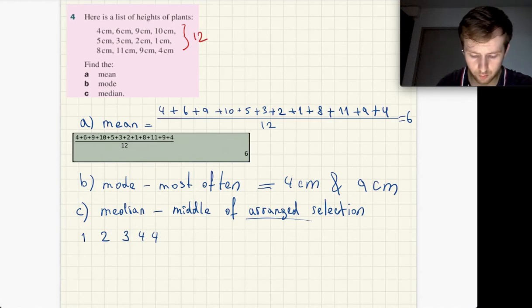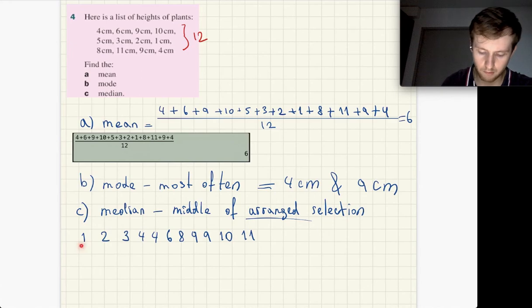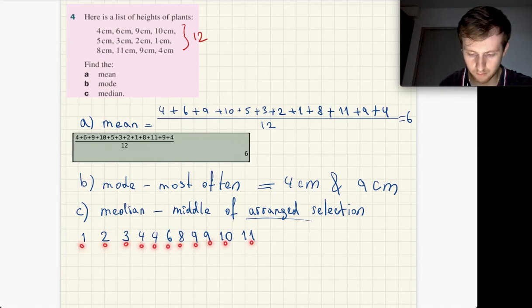There's 6, there's no 5. No 7, there's 8. There are 2 9s actually. And what else is there? There is 10. There's 1 10 and there is 1 11 in this selection. Am I right? 1 2 3 4 5 6 7 8 9 10 11.